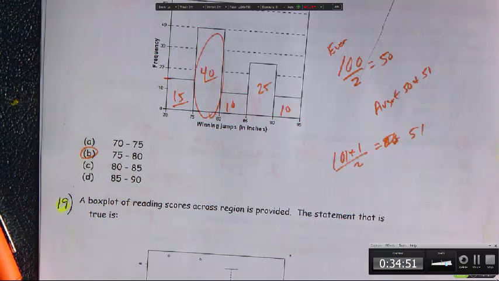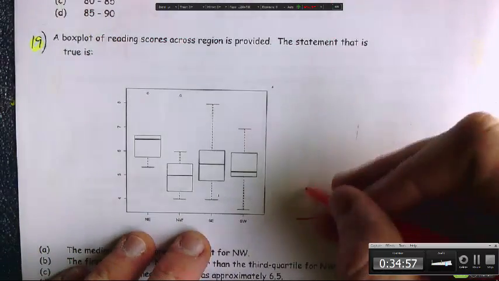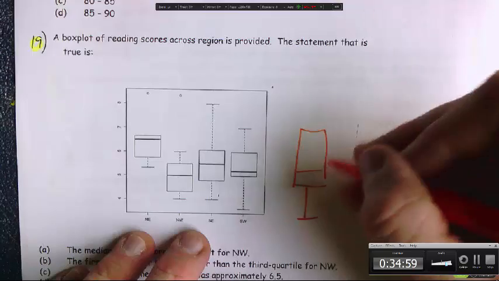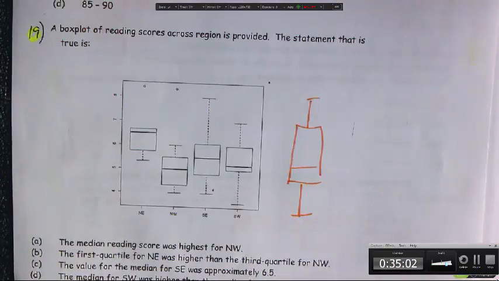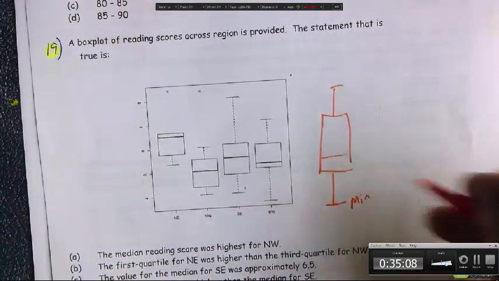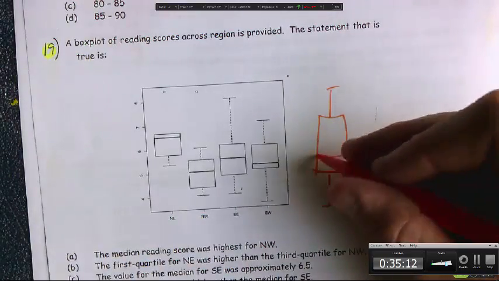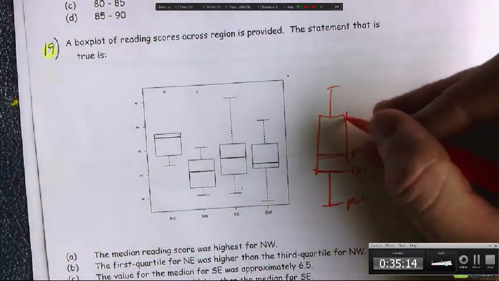Box plot. How do you read this again from top to bottom? You always do the smallest, the min. The first bar is Q1. The middle bar is the median.